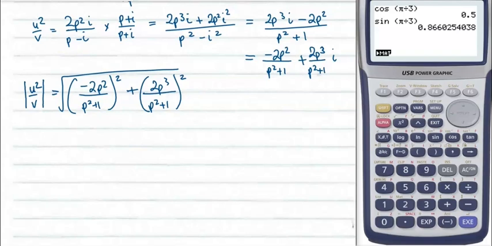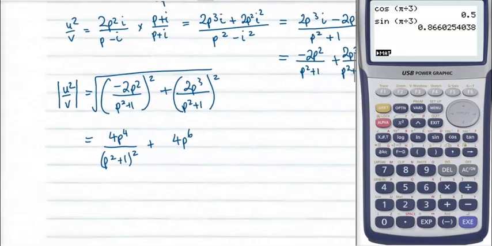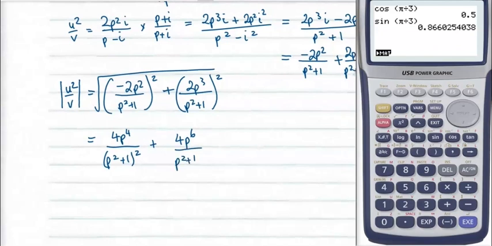We'll just do it down here. Okay, so if I square the top part, I will get 4p to the 4 over p squared plus 1 squared. I'm going to leave it like that at the moment. I don't think we'll need to multiply it out fully. This one becomes 4p to the 6 over p squared plus 1 all squared, square root that.